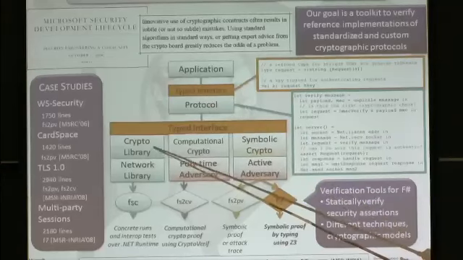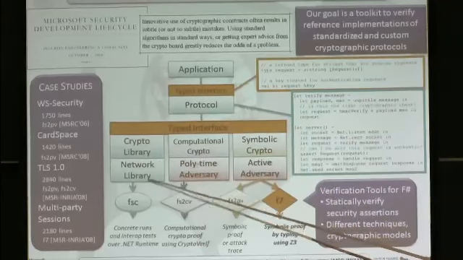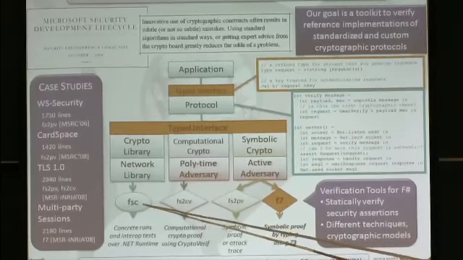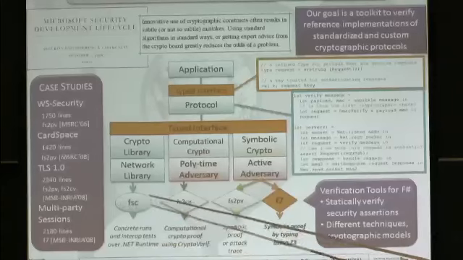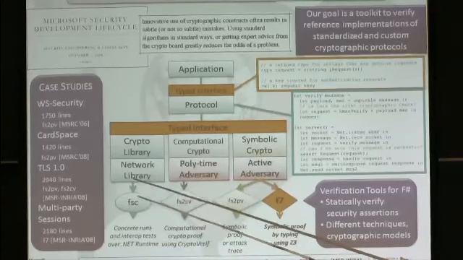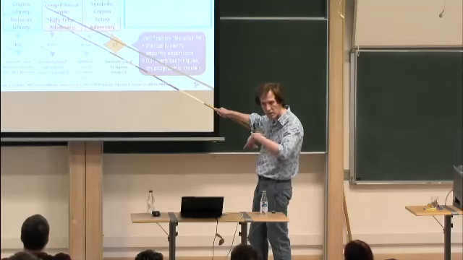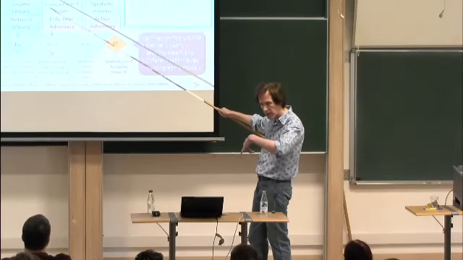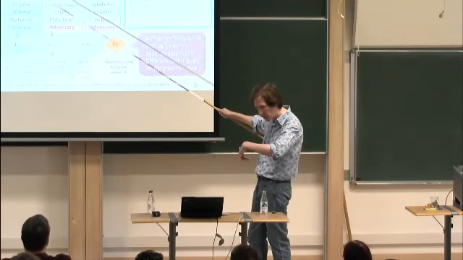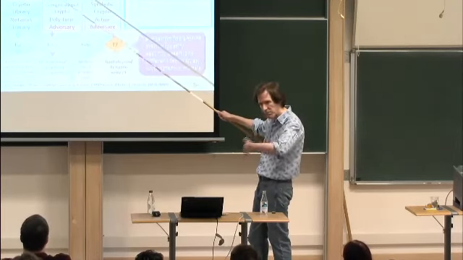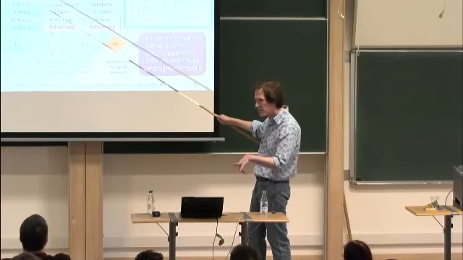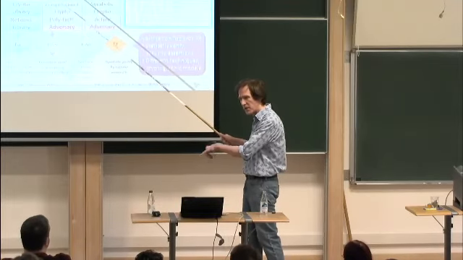So we would plug in concrete crypto libraries and network libraries, compile it with a standard compiler, and then we could run it and interoperate with other implementations of the same protocol, and convince ourselves that the code we were studying actually corresponded to a runnable version of the protocol. Because you don't want to reason about a bit of code that doesn't interoperate with anything else.